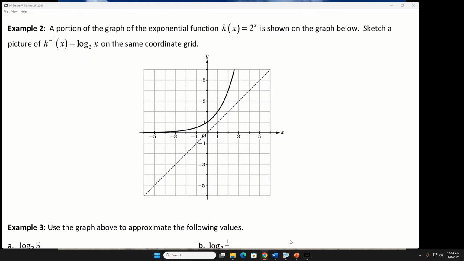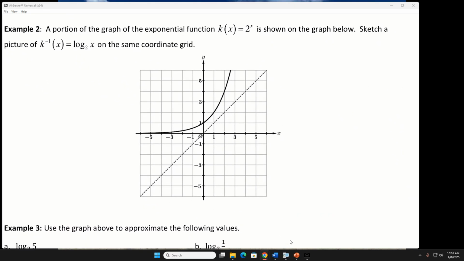Okay, so on example 2, we have a portion of the exponential function 2 to the x. Exponential functions have horizontal asymptotes. All right, so let's see what happens when we reflect this and get the logarithmic function. I'm just going to take this point right here, which is (0, 1), and switch x and y.